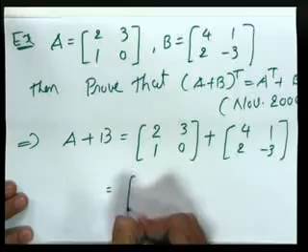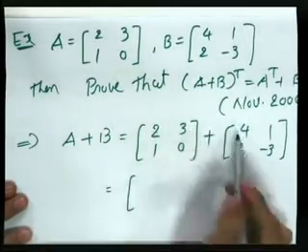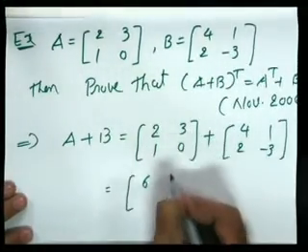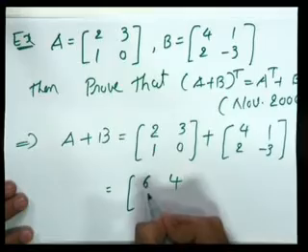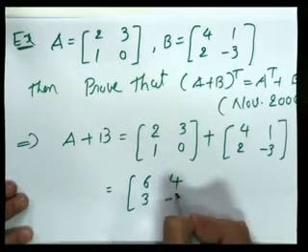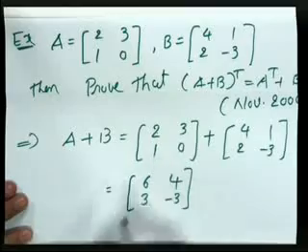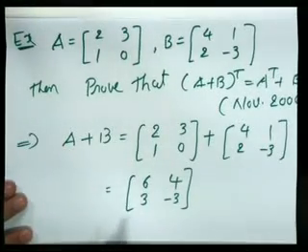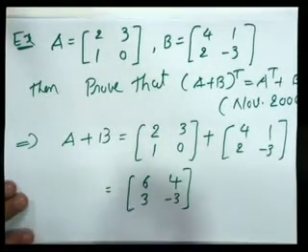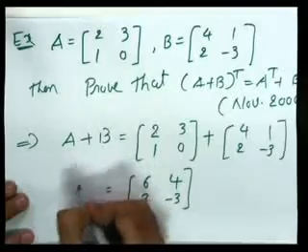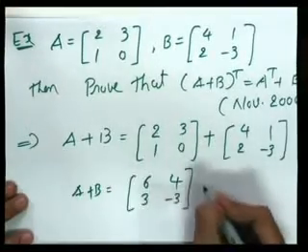By adding corresponding elements, 2 plus 4 is equal to 6, 3 plus 1 is 4, 1 plus 2 is 3, and 0 minus 3 is minus 3. This is our A plus B.